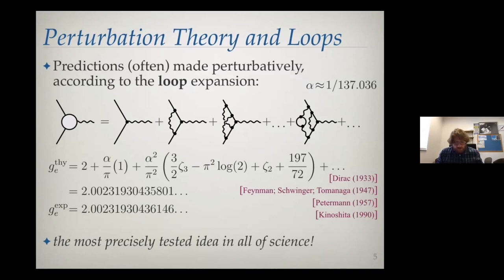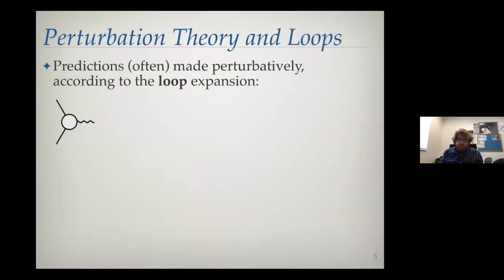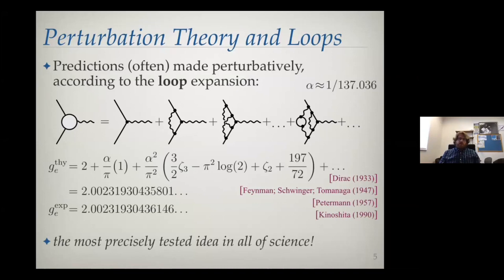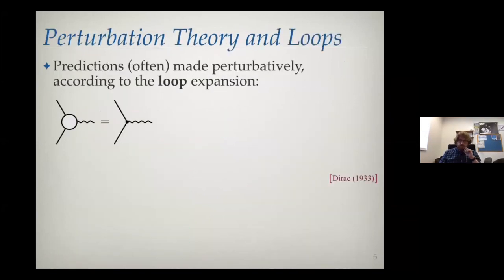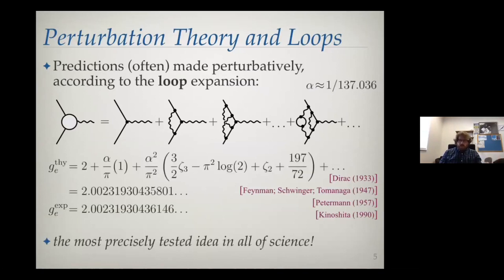For the first part, I think more people should be more embarrassed by the fact that at one loop, the result of this one week-long homework assignment is really just the number 1 times alpha over pi, which is the effective parameter in this expansion. And so we do a ton of work, and at one point in time, a historic amount of work, just to calculate this number 1.